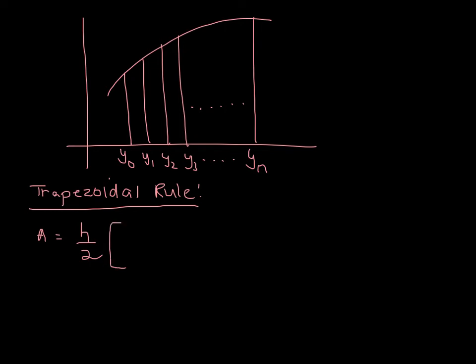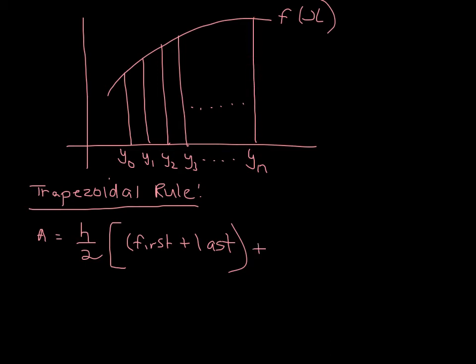And then it's, as we just had a look at, the first plus the last, and by that I mean the y values. The first y value, so when you sub in y0, what you get for this function, that's f of x. So it's the first plus the last. They're only used once.